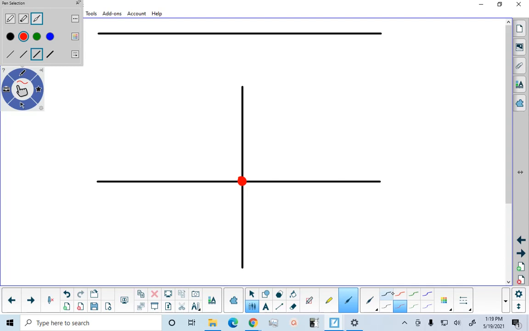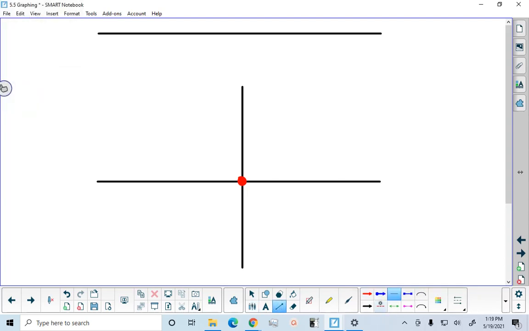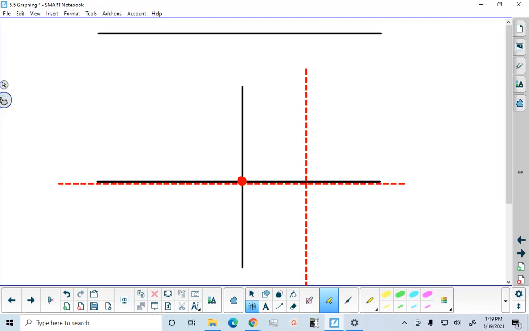Good. I know that the line y equals 0 is a horizontal asymptote, and I know that there's a vertical asymptote at 1 and at -1.